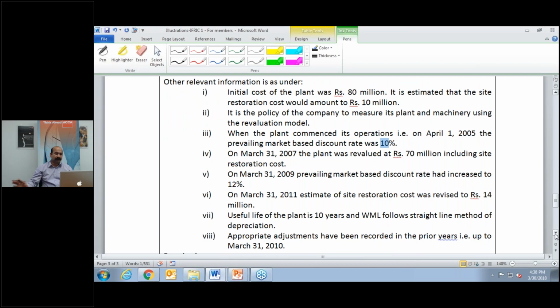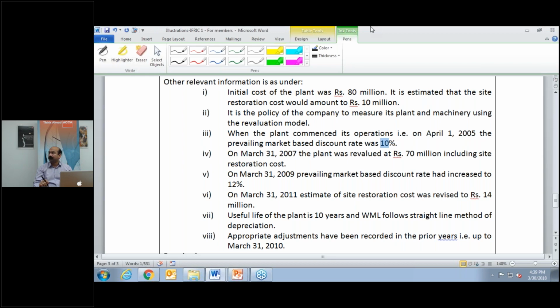Then again on March 31st, 2011, estimate of site restoration cost was revised to rupees 14 million. Again, there is a change in the decommissioning liability. Earlier, it was decreased.